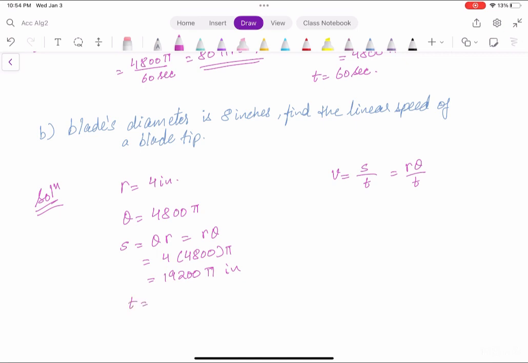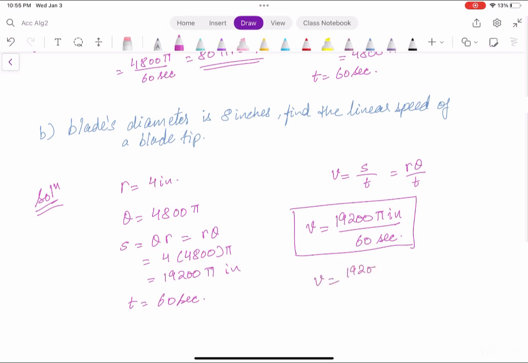Remember, s is the circumference, so it is represented in units, and t will be in seconds. So our linear speed will be 19,200 pi inches divided by 60 seconds. In this particular question, they have not asked whether it should be in seconds or minutes, so you can leave the answer in inches per minute as well.